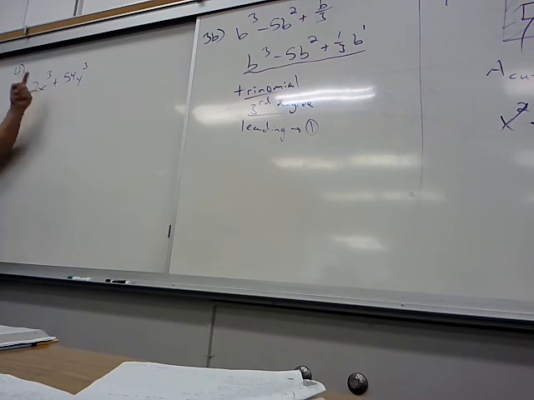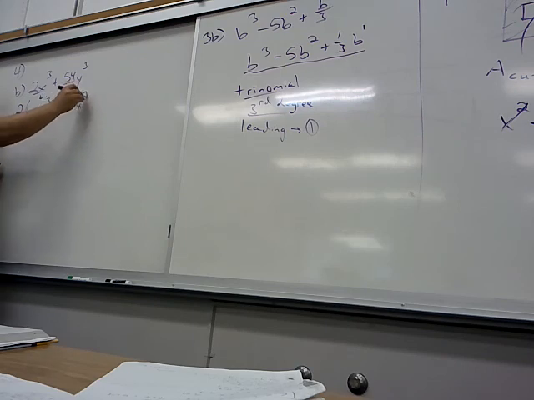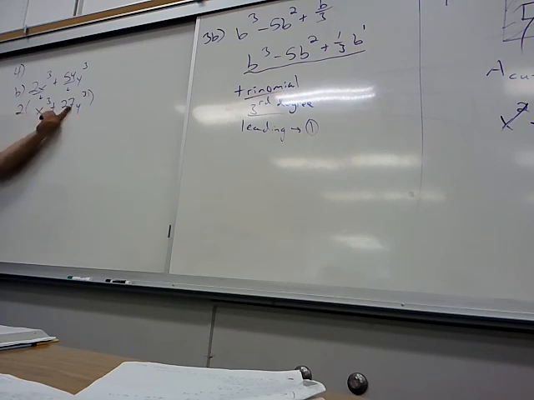But what saves me? What do I always try first? GCF. What could come out? 2. And what do you have left over when you take a 2 out? X cubed. 27. Hey, cool. And 27 is what? 3, 3, 3. So GCF, sometimes it's the only thing you can do, and sometimes it uncovers something you can do more with.